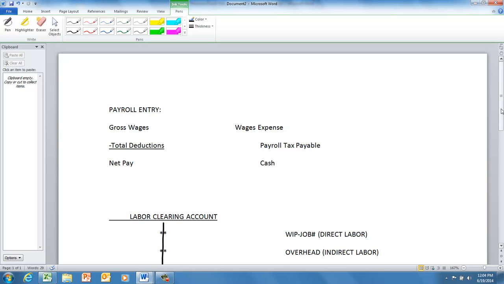Now, in Accounting 101 at OC Tech, we had a project called Pony Rides to Go, and in that, rather than having separate liability accounts for each of the taxes and health insurance, etc., we just had one account called payroll tax payable, and we just put all the payroll taxes into that, and that is what we are also going to use here.